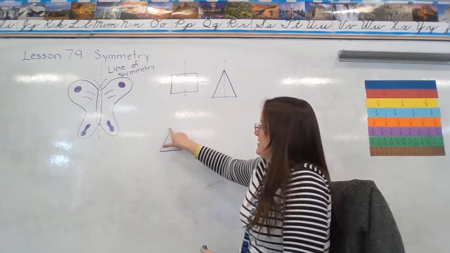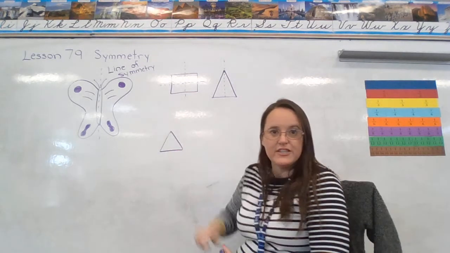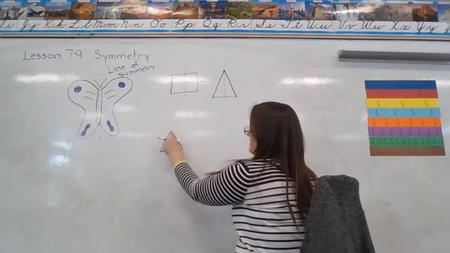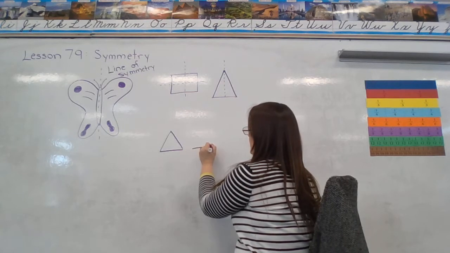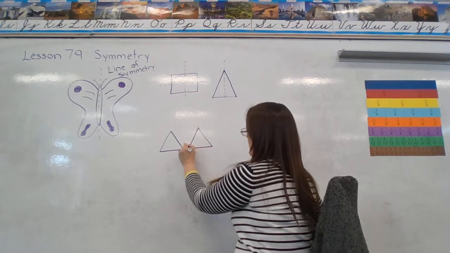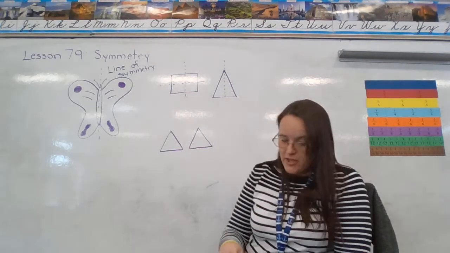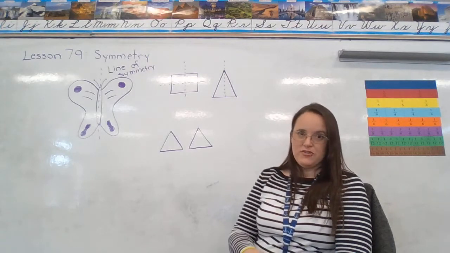If I turn it so that this point is over here, will it look different or the same? I'm going to take this point and put it right here. And it looks exactly the same. So an equilateral triangle has rotational symmetry.